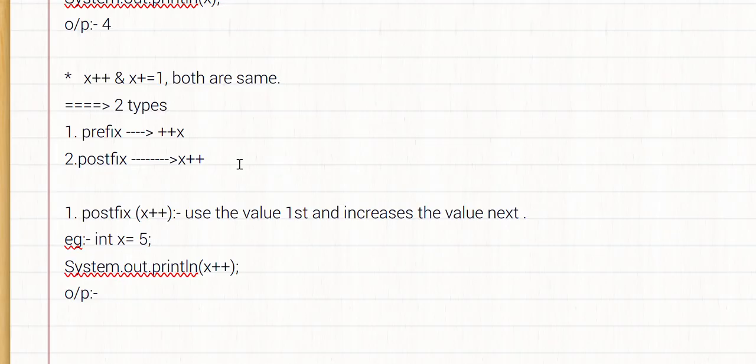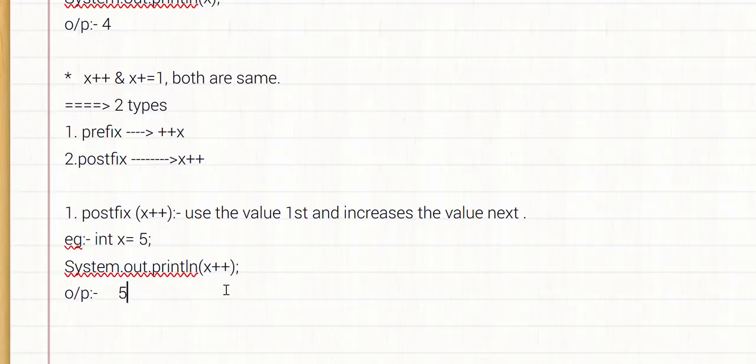But first the value is assigned, so it prints 5 first and then increases to 6, then the output will be 5. Because the system takes the value first as output and this one becomes 6 later.